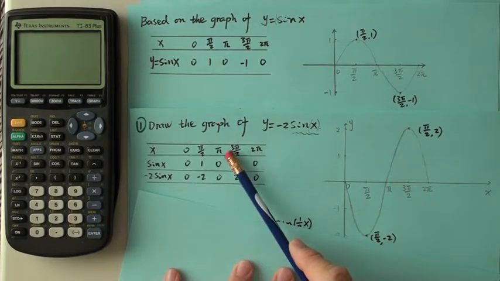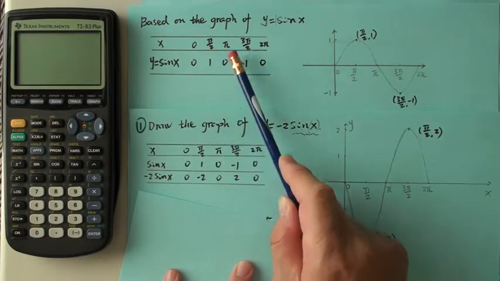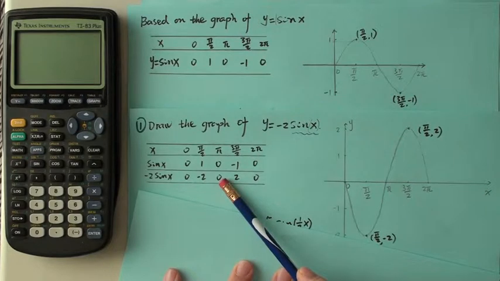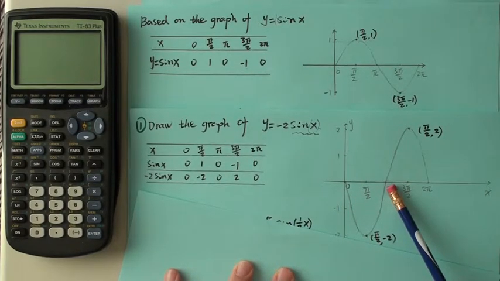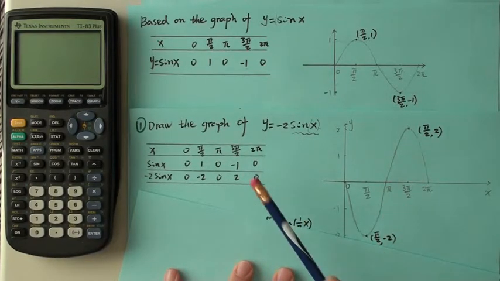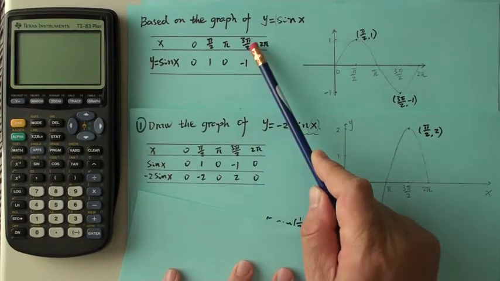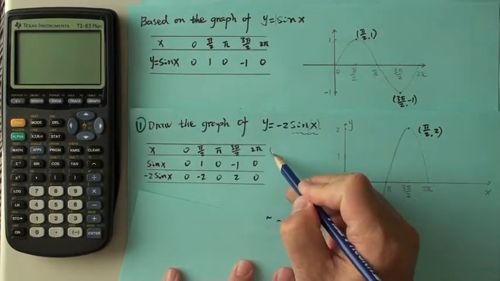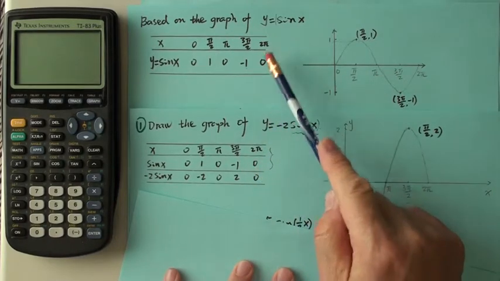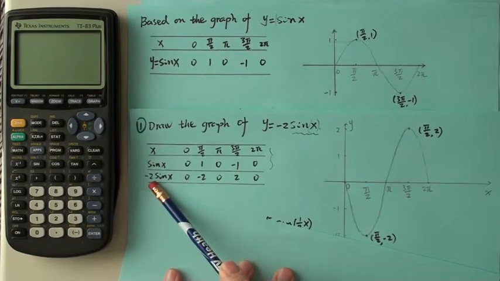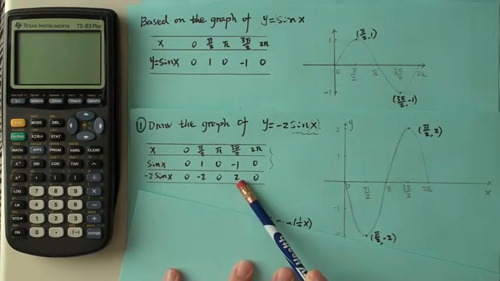Okay, and again x equals pi, and then sin x is 0, and -2 times 0 is still 0. Okay, so down here this intercept is not changed, but when x equals 3 pi over 2, you have -1, the same. I want to emphasize that those two rows are the same as above. The only thing different is -1 times -2, you get +2.